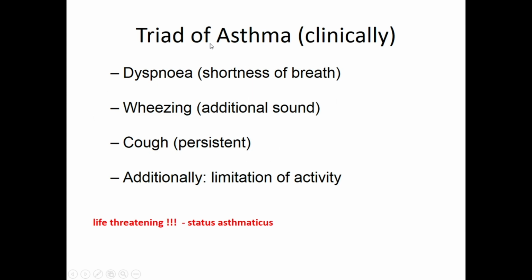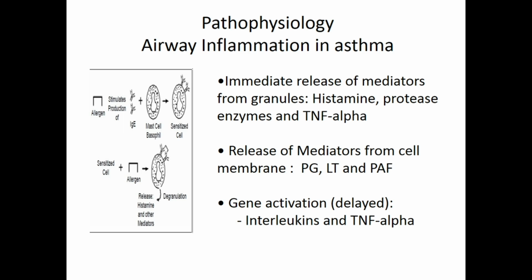Later on, in the long run or chronic cases, they always present with limitation of activity. And what we have to remember is a life-threatening condition known as status asthmaticus. So how does that inflammation occur?